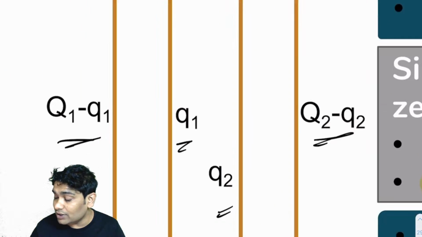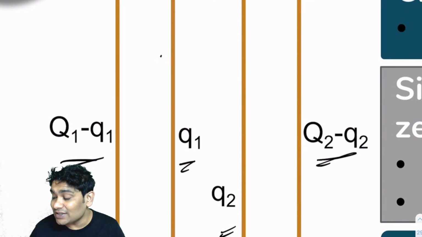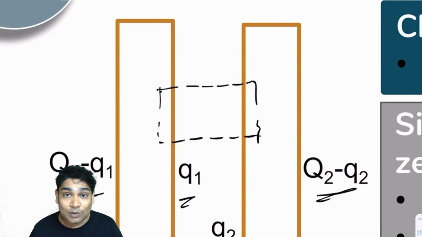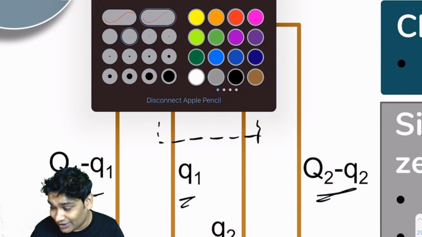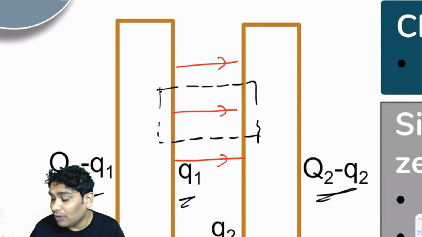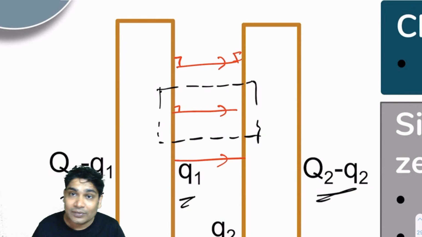What you do is, you imagine a Gaussian surface here. Since I told you we are treating these sheets as infinite sheets, the electric field between them, I am assuming the direction to be like this. But it has to be perpendicular to both the sheets, right?